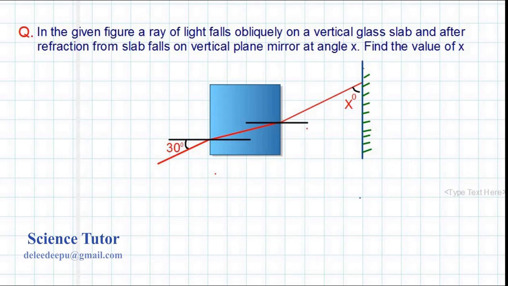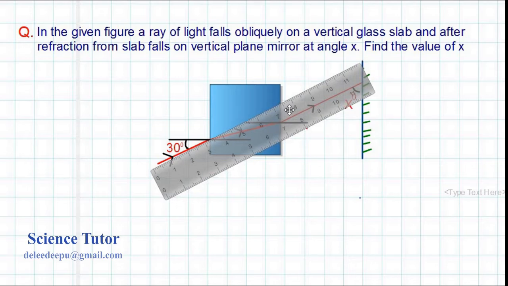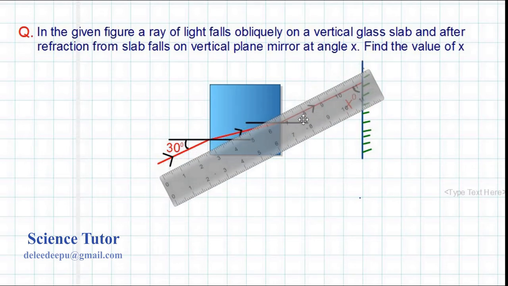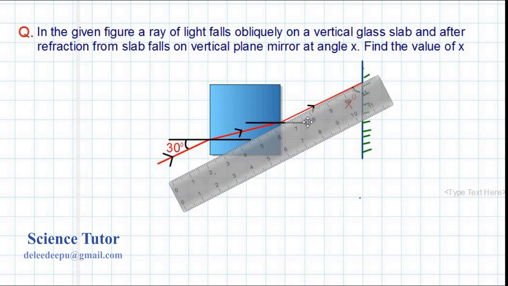This is related with the refraction of light through a glass slab. This is a parallel sided glass slab and it's also called a rectangular glass slab. So now we can see this incident ray and the emergent ray.